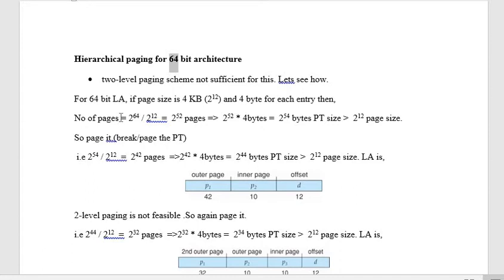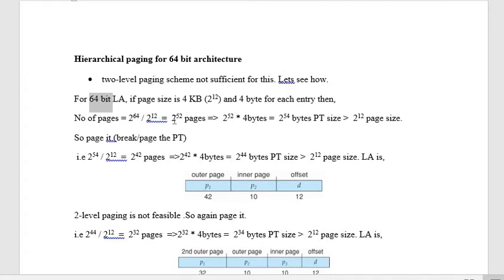For 64-bit logical addresses, with the same page size of 4 KB, and assuming 4 bytes are used to represent each entry's content, let us calculate the page table size now. From 64-bit logical addresses with a page size of 4 KB, the number of pages is 2 to the power of 52, that is the number of logical addresses divided by page size.